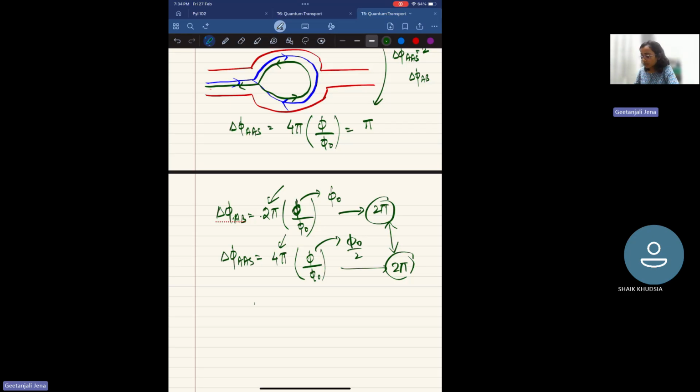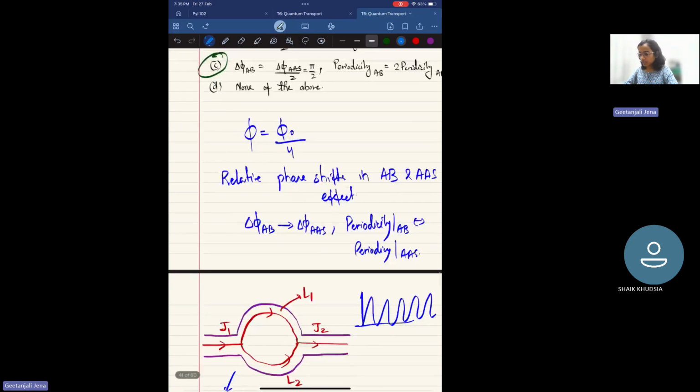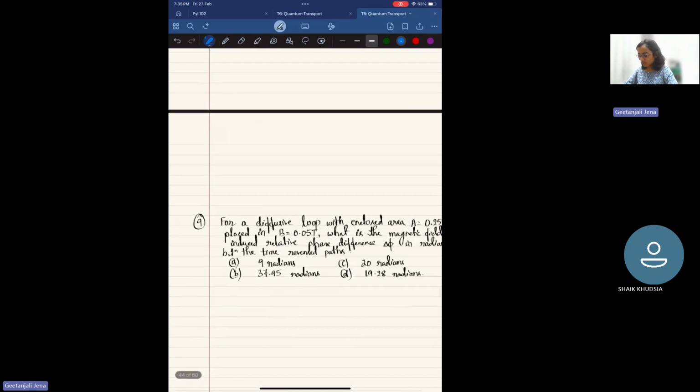So the periodicity of AB is 2 times the periodicity of AAS. Is this clear? The answer would be, you can easily see, option C. Let me know whether the steps are clear or not. If not, I will try to cover it again, or otherwise we'll move to the next part.